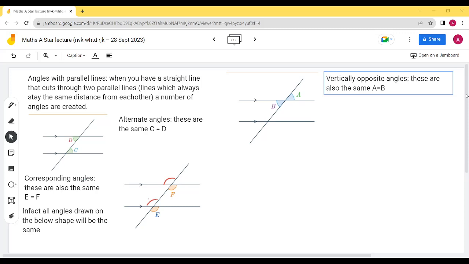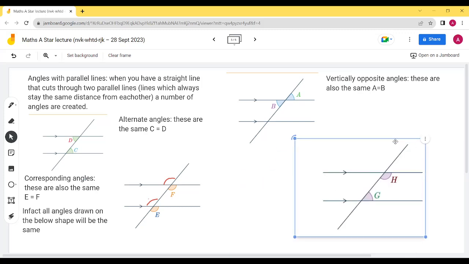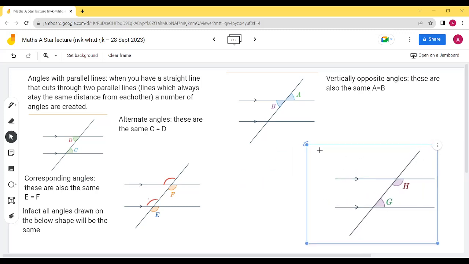And then as a final rule here, this rule will become particularly relevant when you do bearings. Now, we may not get to bearings in this course, except perhaps in a practice question in the course's final lectures. But for bearings, you always need to know this rule of interior angles.